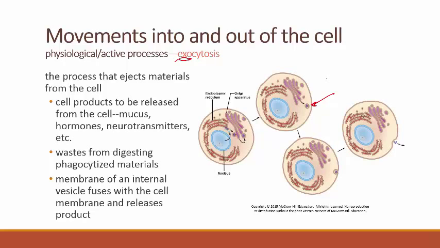That vesicle can be bumped up against the cell membrane, and again, because of the fluid nature of the cell membrane, the vesicle membrane and the cell membrane will fuse together, and that will then place all the contents of the vesicle now on the outside of the cell.